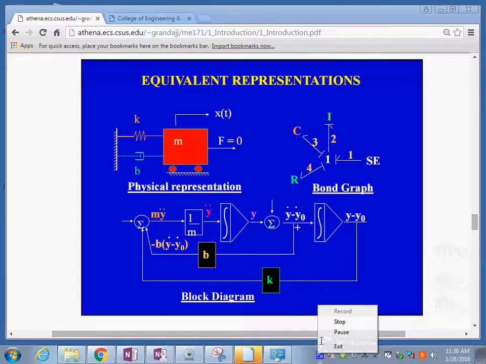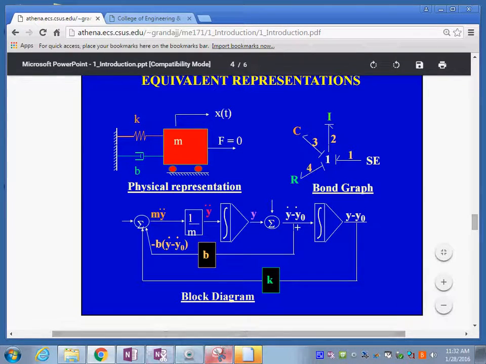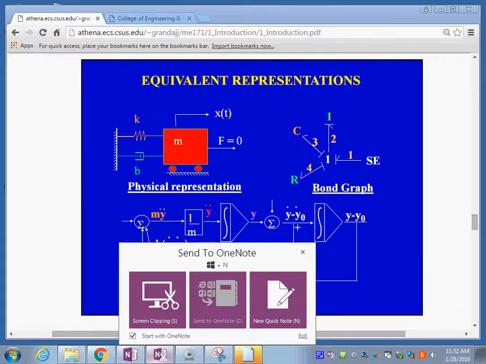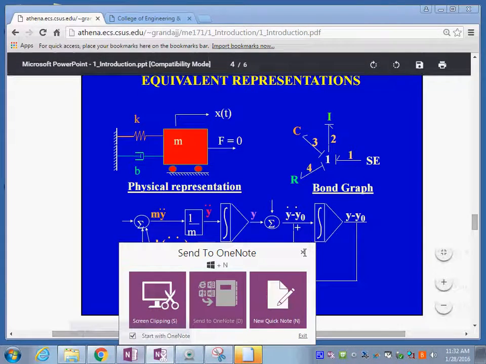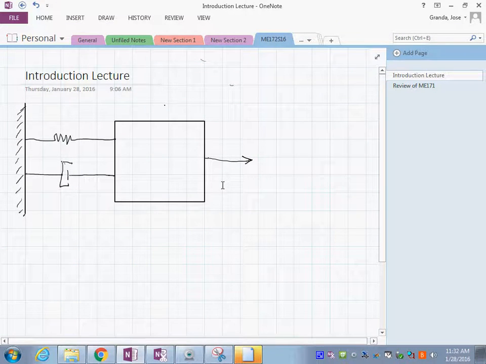Okay, so let's take a look at how we are going to do this. To do that, let me go to my note where I have the representation of the system like that.